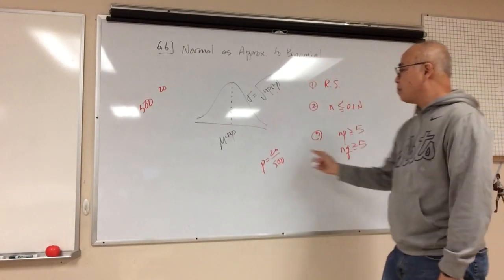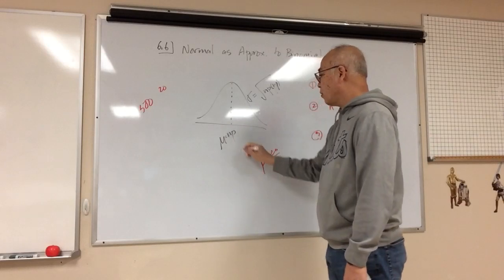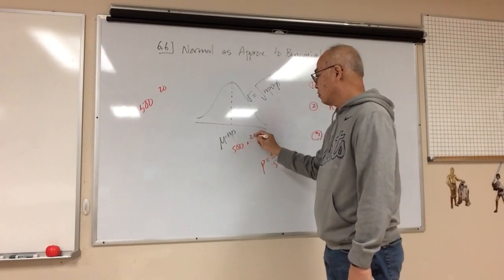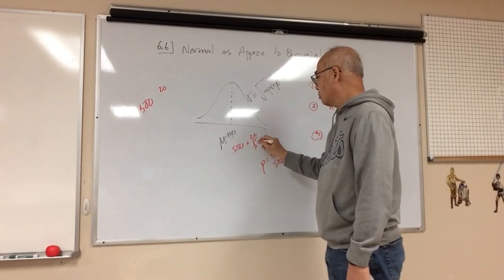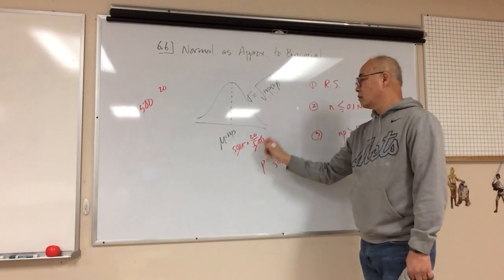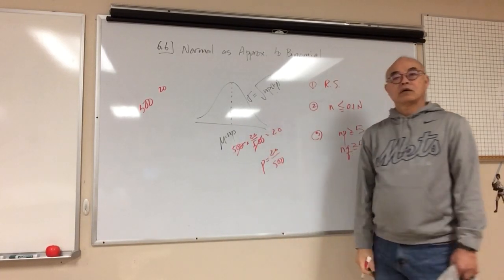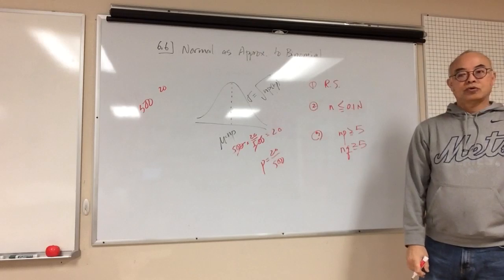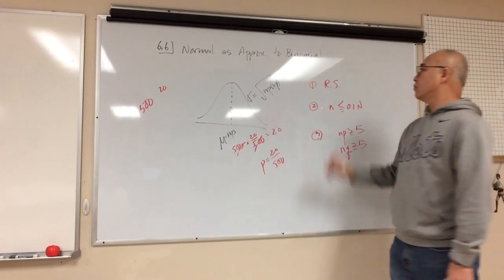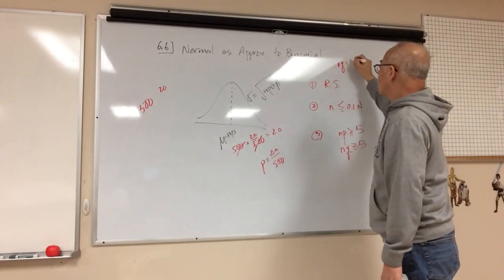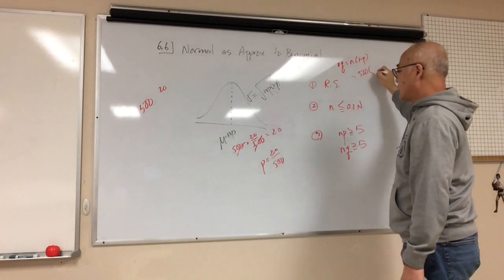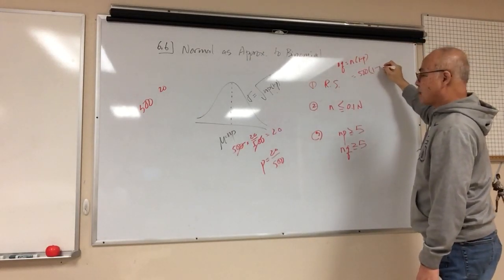So your np is going to be what? What was my n? 500. What's your nq?